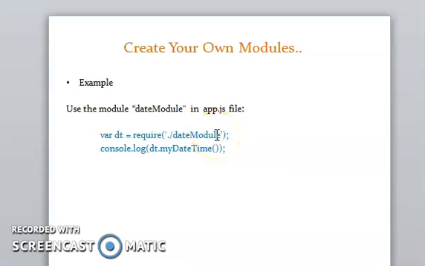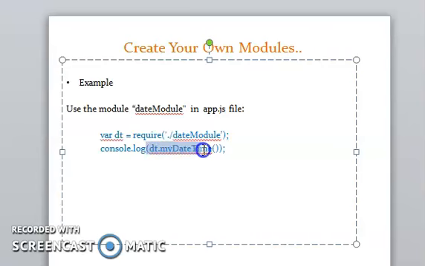So I am accessing those files in my current app.js file, so that I am getting the function, this module required in my current app.js. I am getting those properties and functions, and here I am using the function dt.myDateType.